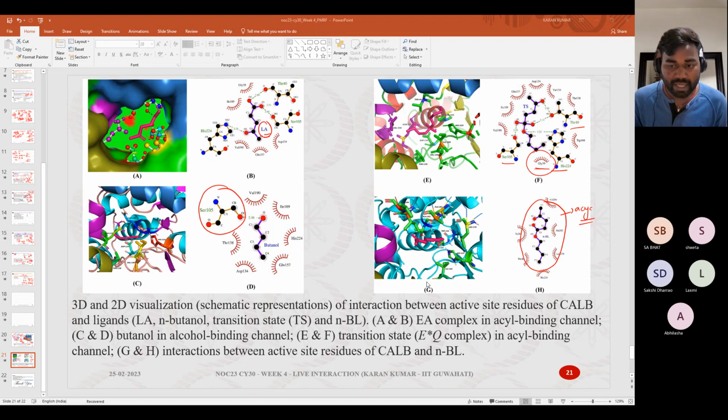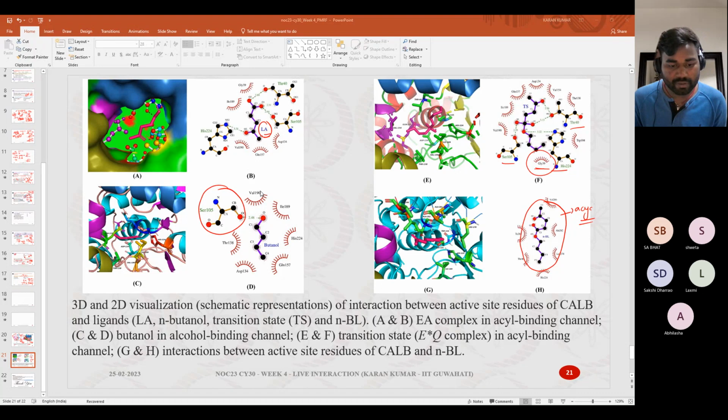Now it is the transformed enzyme E star. Now the second substrate will come and bind to this modified enzyme, and then finally this will release the second product, which is the main product, the butyl ester, and finally you will get your native state.